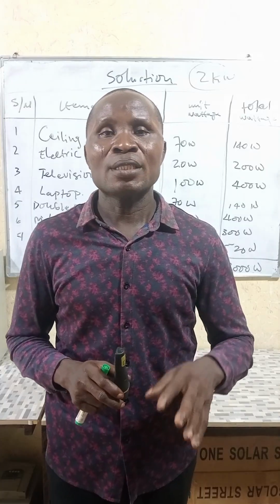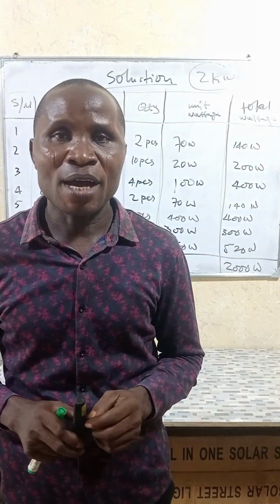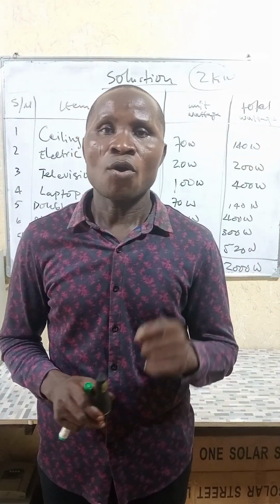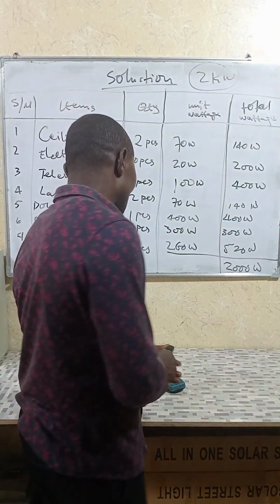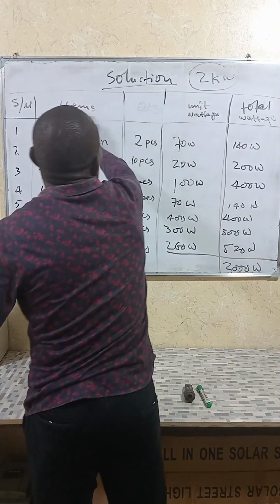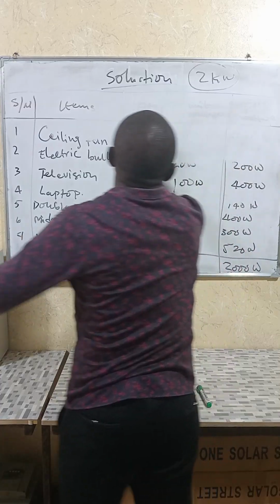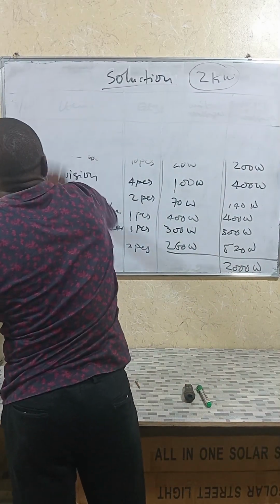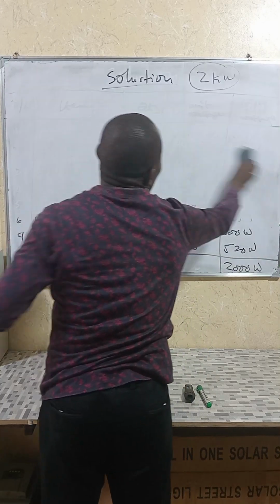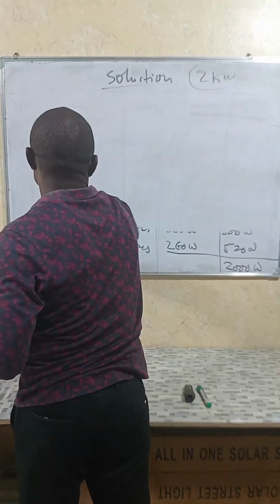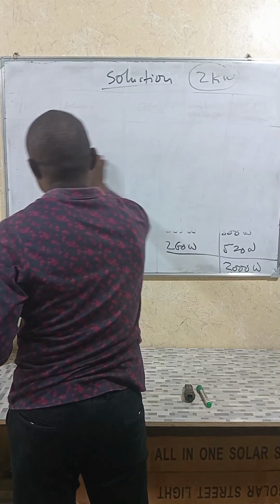So, we are now using 0.8. Therefore, we have read and shown you that power factor is the ratio of active power in kilowatts over the apparent power in kVA. That shows that we have known our usable energy, which is 2 kW, and that is what we have gotten from the data we have derived.